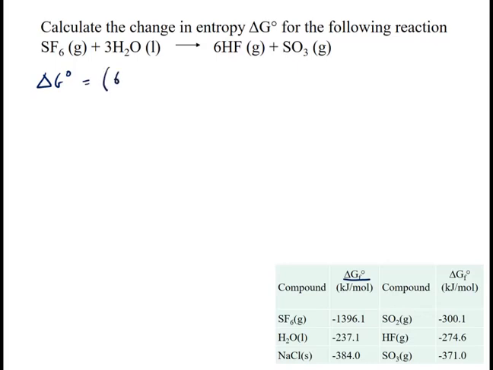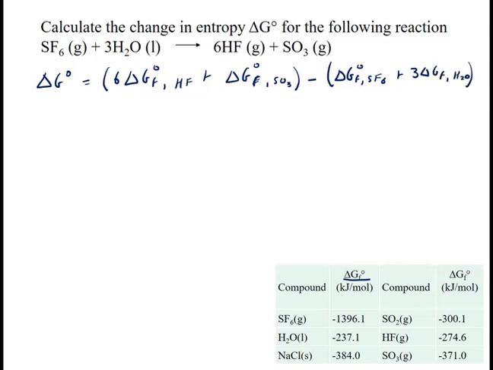So 6 times the delta G of formation of HF plus the delta G of formation naught of SO3 minus the delta G of formation for SF6 naught plus 3 times the delta G of formation for the water. Okay, so that's my delta G naught, now I'm going to get the values from the tables.